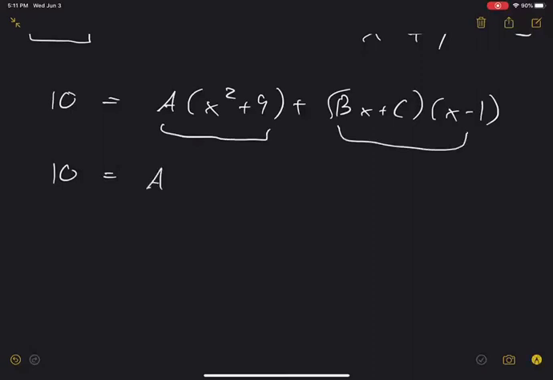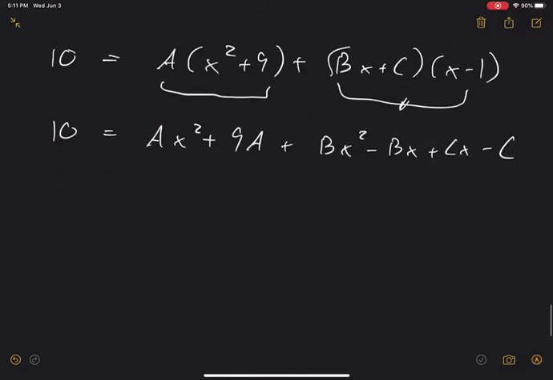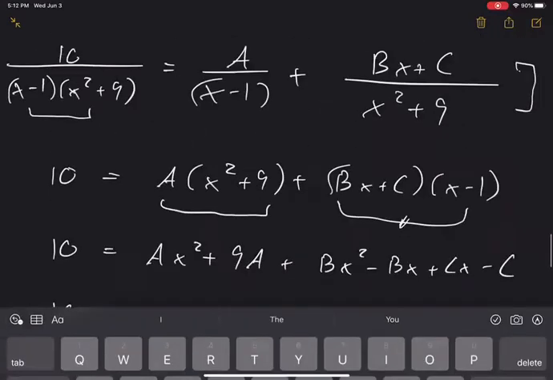So the first one becomes ax squared plus 9a, right? And then what does this one become? Let's see, bx squared minus bx plus cx minus c, okay? And then I'm just going to regroup all my terms so I get all the x squareds together, all the x's together, and all the constants together.